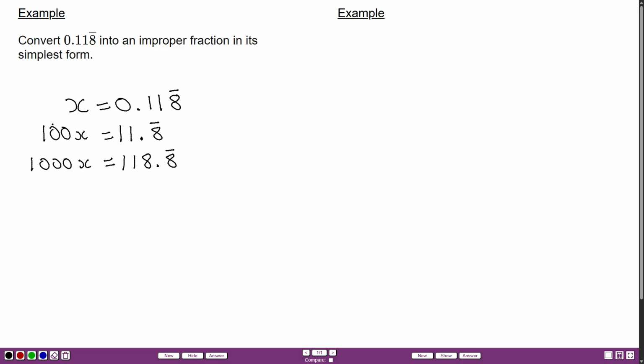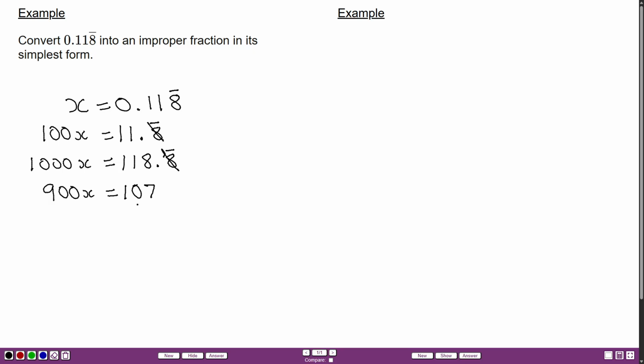So I'm going to do 1000x minus 100x, and that's going to give me 900x. And then when I do my subtraction here, the recurring parts are going to disappear. So I've got 118 minus 11, so that's going to be 107.